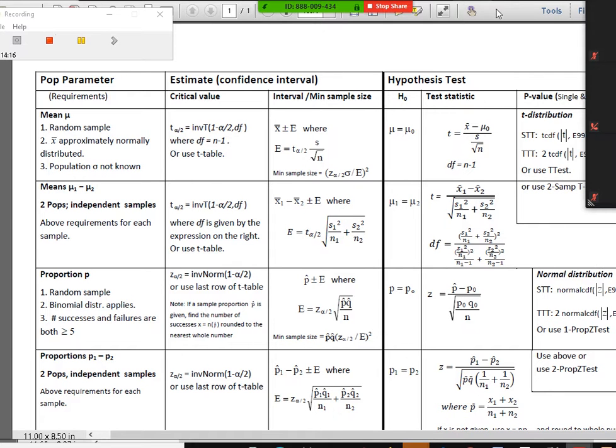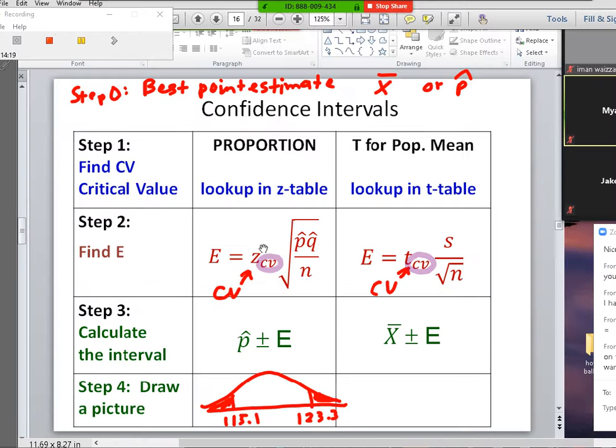That makes more sense, I think, for folks. That's your critical value that you look up in your table, multiplied by, for a proportion, the square root of p hat q hat over n, or for a mean, s over the square root of n.